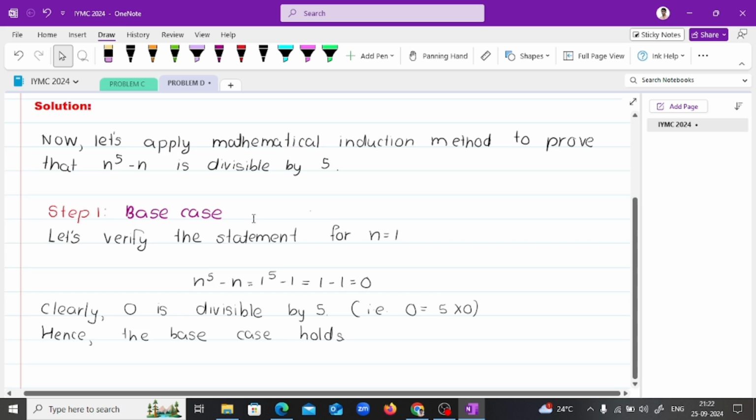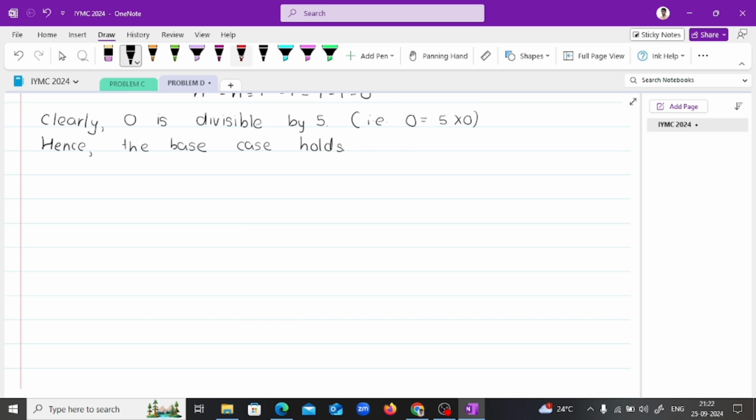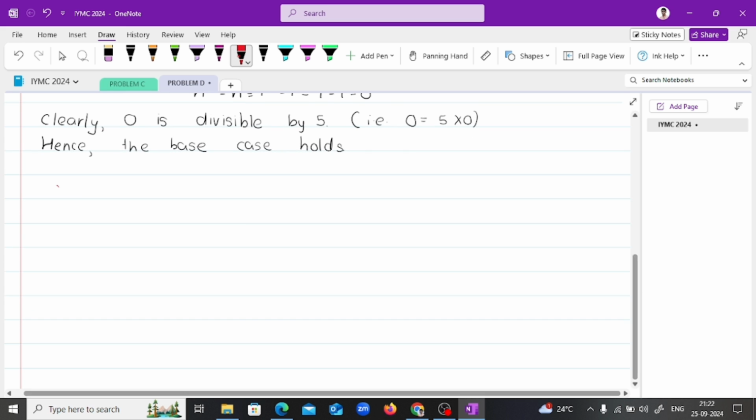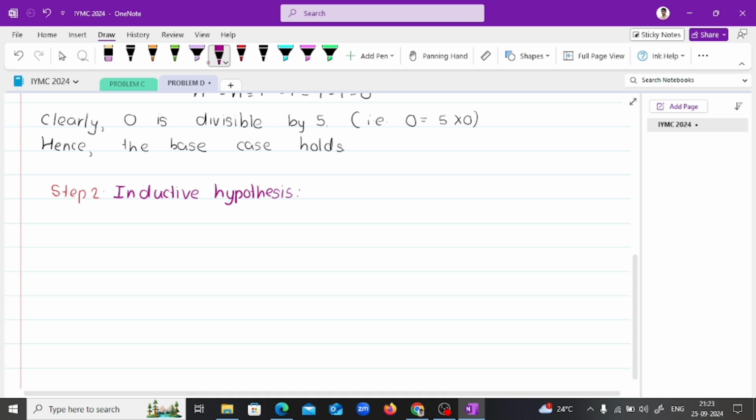Okay, so in the next step, step 2, is about the inductive hypothesis. Here we will assume that our statement is true for a certain value.